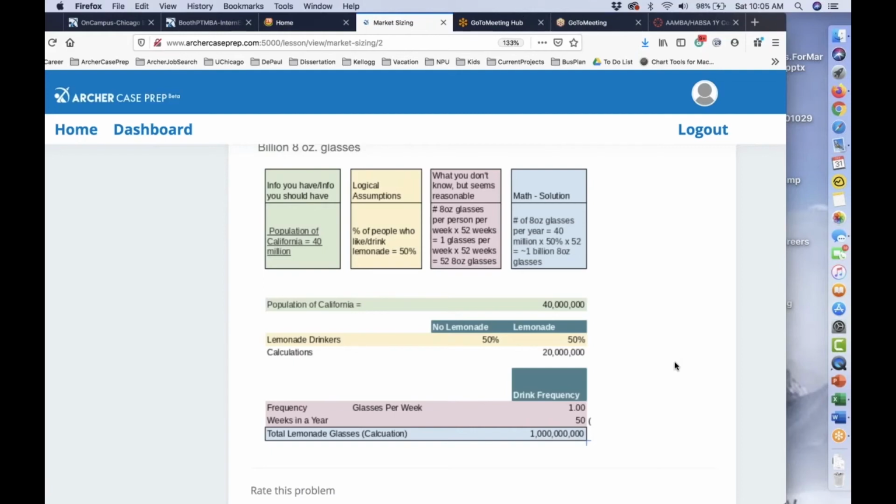And so if you already have in your head that the population of California is 1/8 of the US, then you use 320 because it can be divided by 8 easily, okay? So that's one of the things that is common practice in market sizing and in a lot of the case math. There's some things you need precise, but some, when you get to define your math, make it easy, okay? So that was very, very good. And Jacqueline's approach worked too, okay?